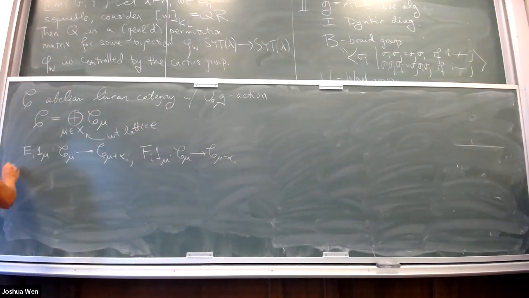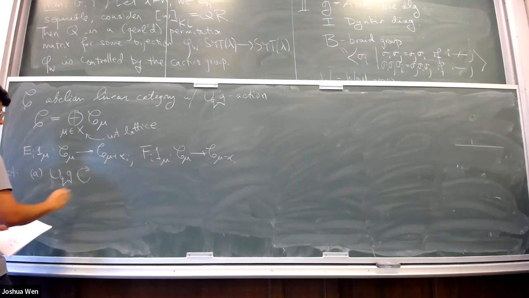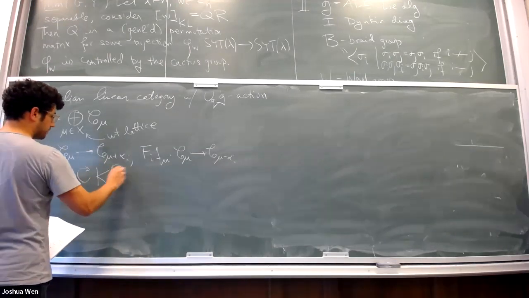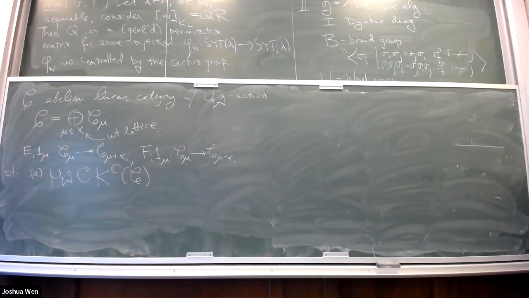There's a whole bunch of other data that we need, and it has to satisfy some relations. But what are some important things for us? Well, the first thing we want is that from this data we can define an action of the quantum group on the complexified Grothendieck group of this abelian category.